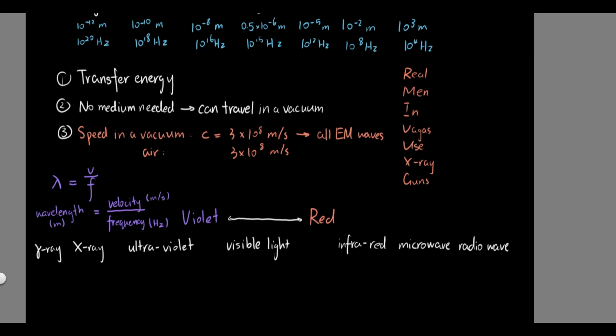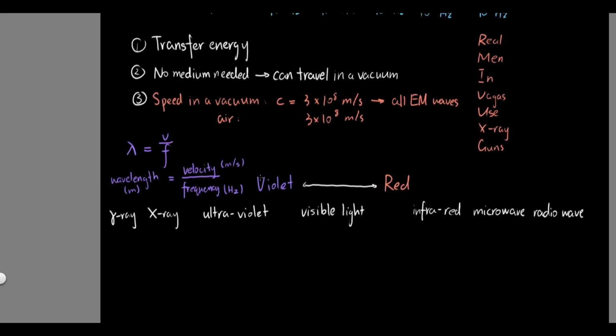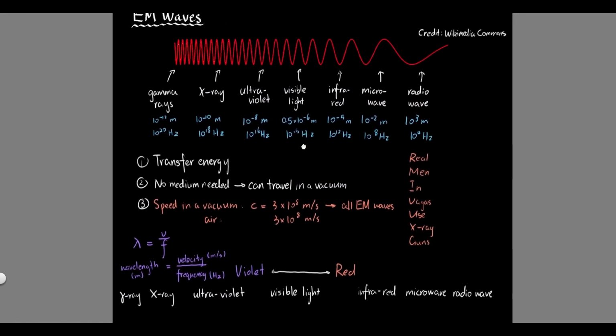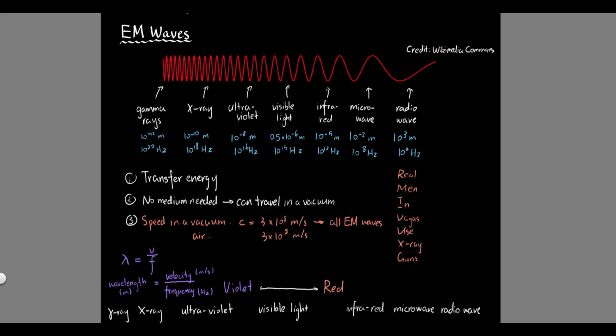And visible light. How to go from visible light to infrared and ultraviolet, and then microwave, radio wave, X-ray, gamma ray, and we also talked a little bit about the extra stuff about wavelength, velocity and frequency and the mathematical relation between them. So yeah, not a densely packed video, but I hope you find it helpful, and I'll see you guys in the next video.